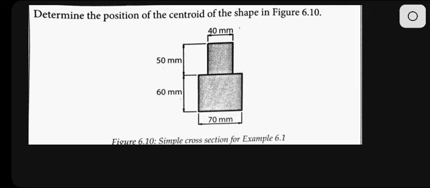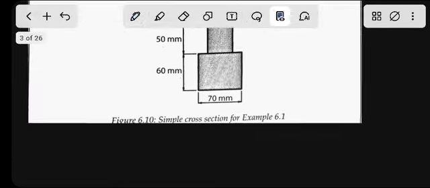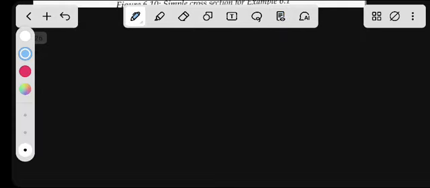To use that, there's this formula that we're supposed to use. We want to determine the position of the centroid of the shape. We want y bar, from the axis going up.